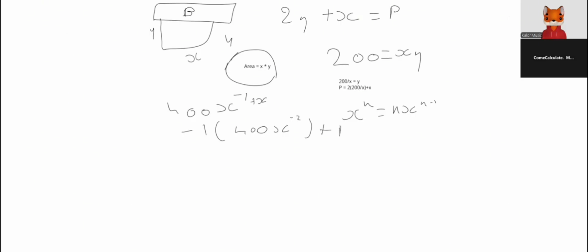Great. So now we are going to set this to 0. We can simplify this to negative 400x to the negative second plus 1 equals 0.